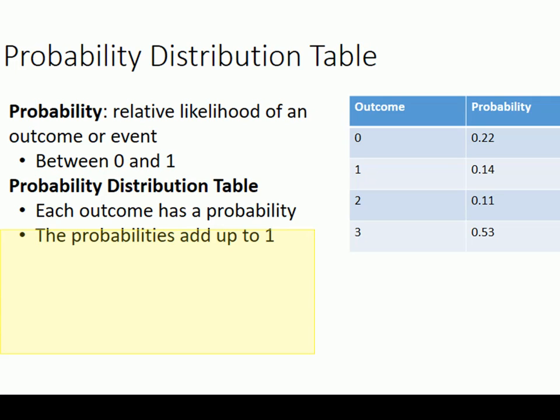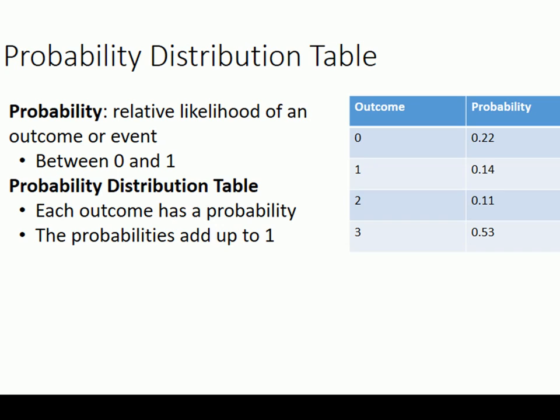For discrete random variables, we can represent the probability in a table, and you can list each of the possible values or outcomes of the random variable and the associated probability. The important thing to remember about probabilities is that it's a way of talking about the relative likelihood of one outcome versus another.